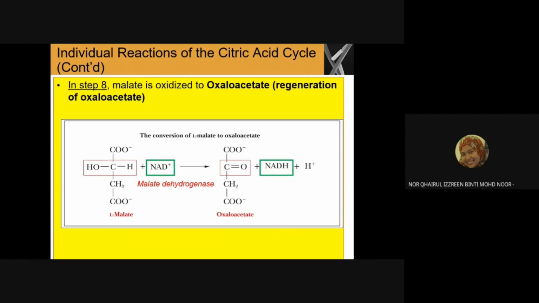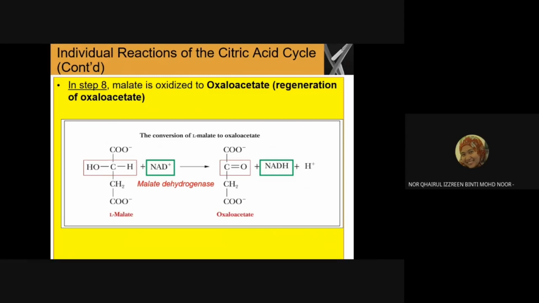One is from the energy released in step number 1 of the TCA cycle, and another one is the NADH2 molecule that is oxidized in ETC, which are also exergonic. They are both used to drive this reaction in step number 8.